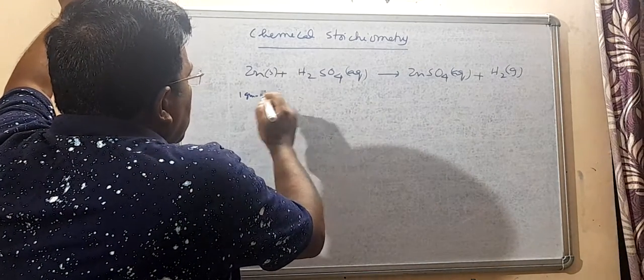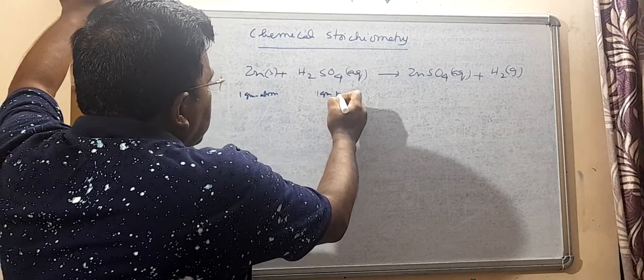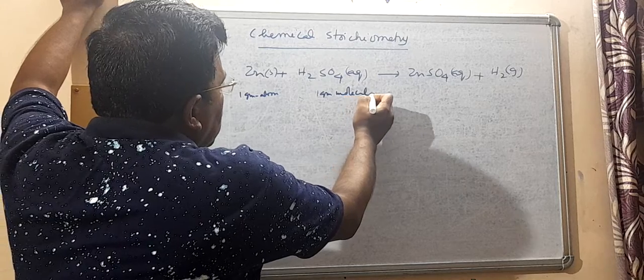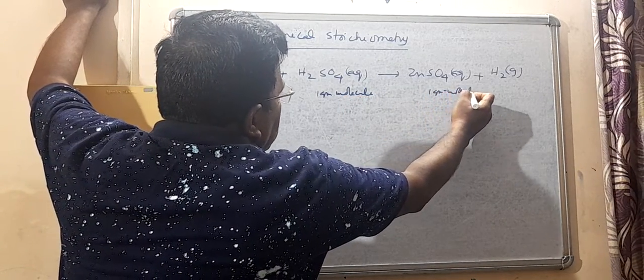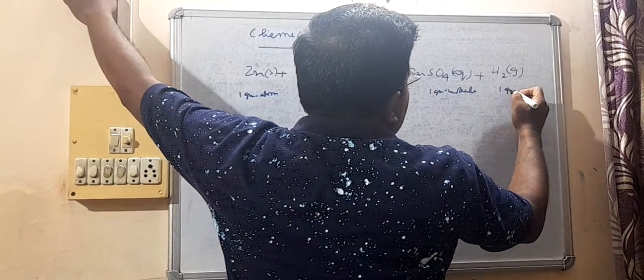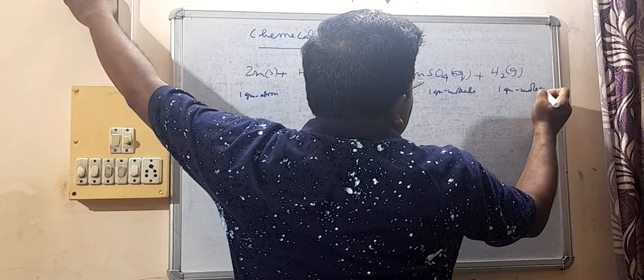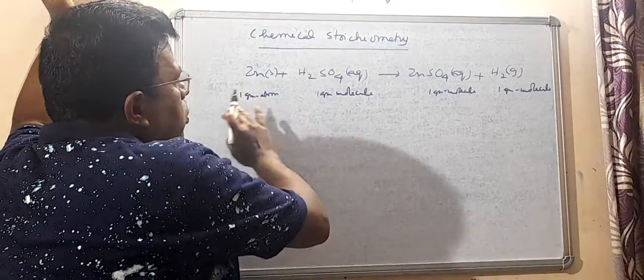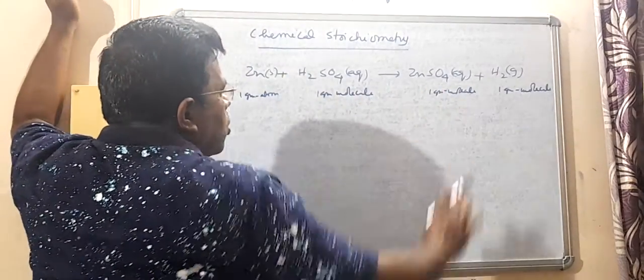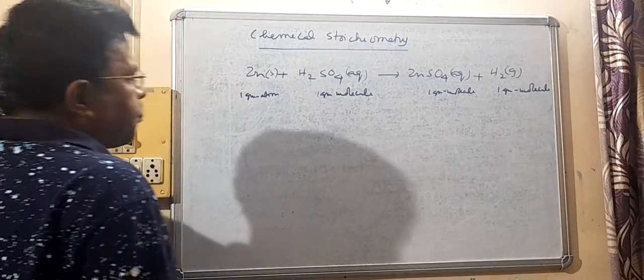So this is 1 gram molecule, and this is also 1 gram molecule. And since they are also mole, these all also mean mole.